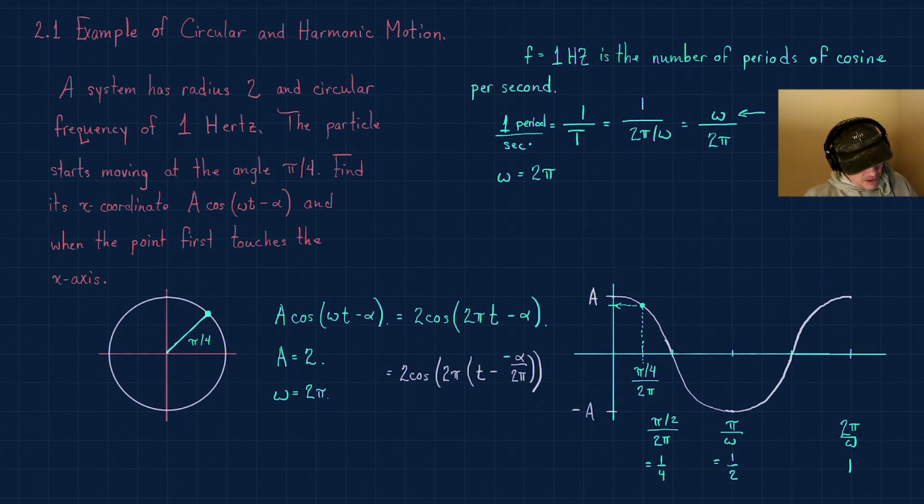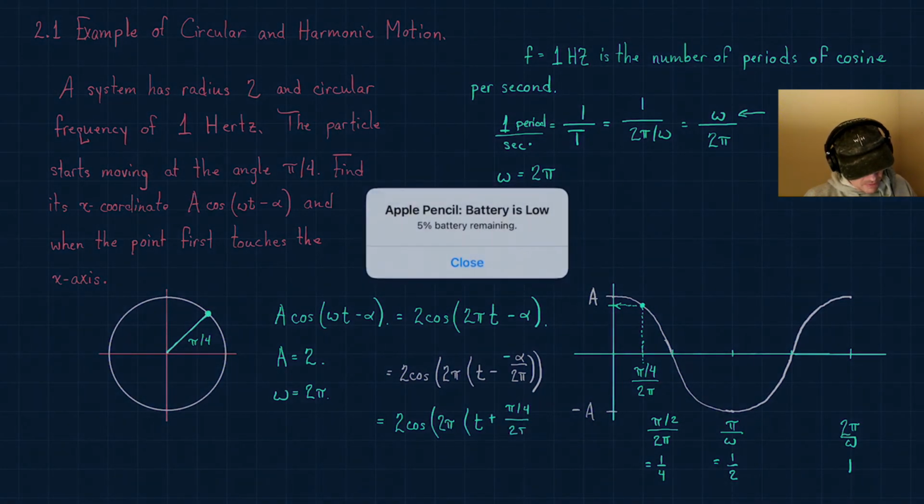So I can finally rewrite this as 2 times cosine of 2 pi times t minus, well, alpha is pi over 4, and minus that, so it's going to be a plus, over 2 pi.